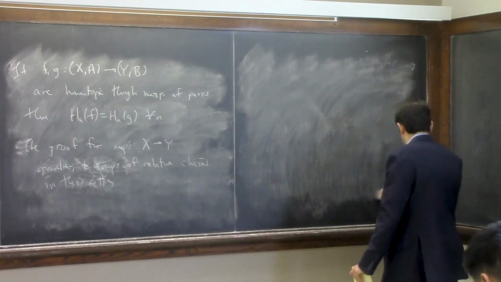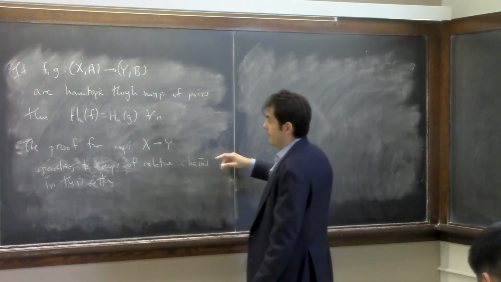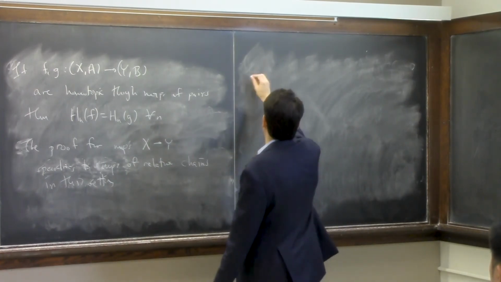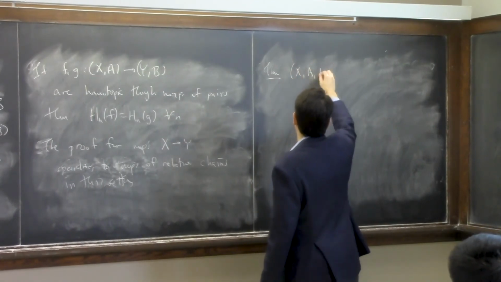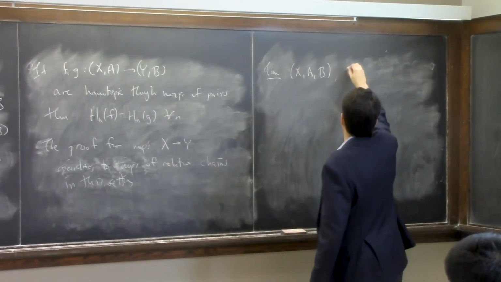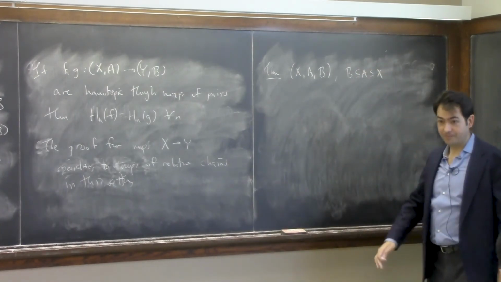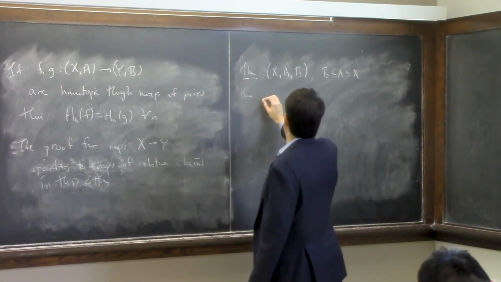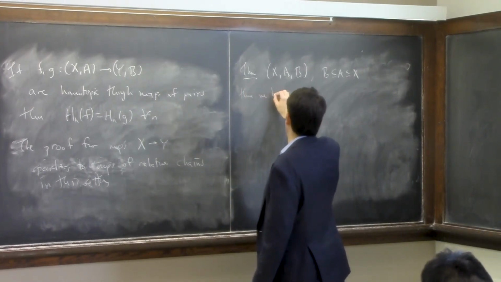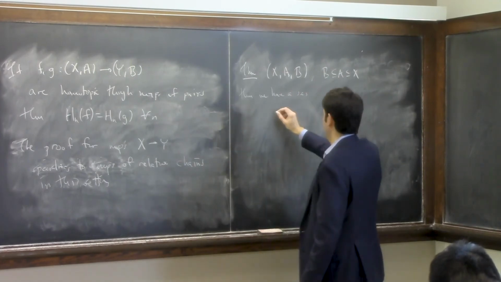But of course, the fun thing is that then what if you have a triple? So let's say that you have X, A, B. So this just means that B is a subspace of A, which is a subspace of X. All right, then we have a short exact sequence of relative chains.